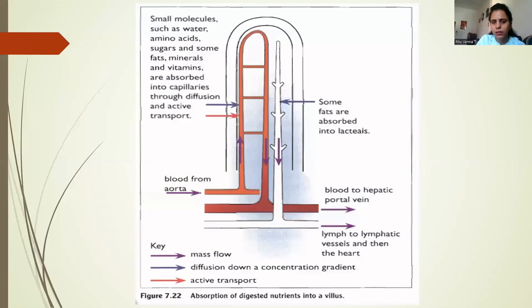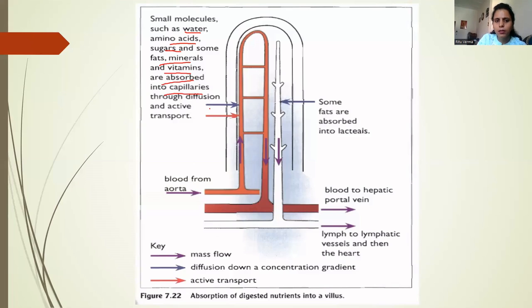Here in this picture, I'll explain two very important points related to the absorption of these molecules, because this question is generally asked in the IGCSE paper. When we talk about small molecules like water, amino acids, sugar, and some fats, minerals, and vitamins, these are absorbed into the capillaries.